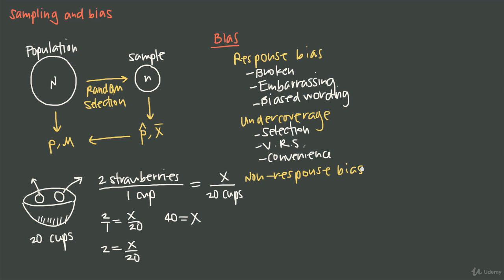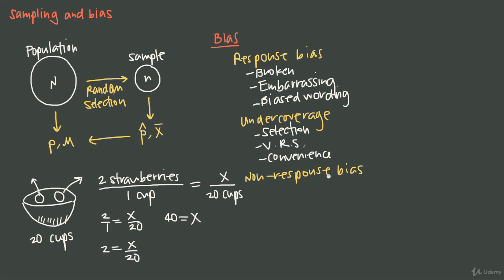And then the last one is non-response bias, which is similar to undercoverage, but basically it's just that there are a lot of people who didn't respond to my survey. We specifically call this out when maybe we do a poll and 98% of the people that we asked don't respond to our poll. Our biggest problem there by far is non-response. It may be true that there are other kinds of bias in our data.